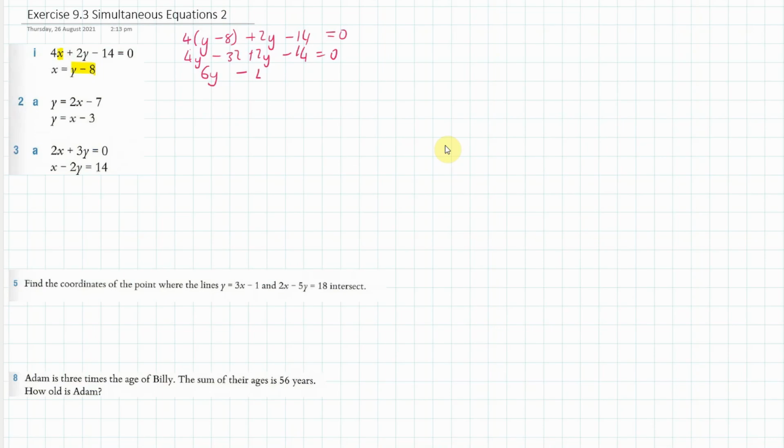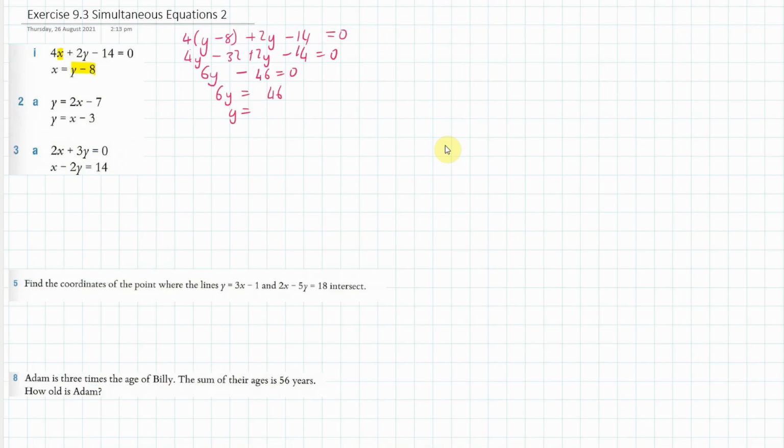Yeah, I think it's 46, is equal to 0. Okay. And then we go 6y is equal to 46.